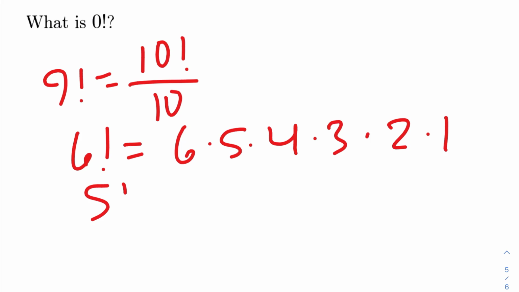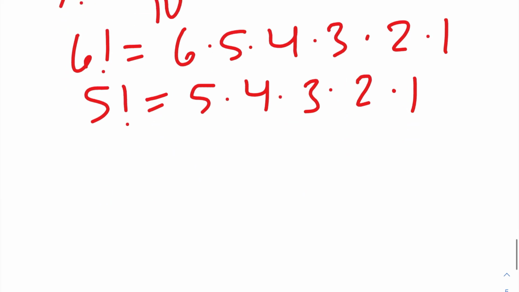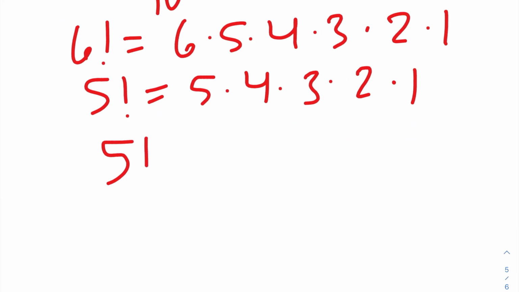And 5 factorial is equal to 5 times 4 times 3 times 2 times 1. So we can say 5 factorial is equal to 6 factorial over 6. Because if we get rid of the 6 right here, then we have 5 factorial left.